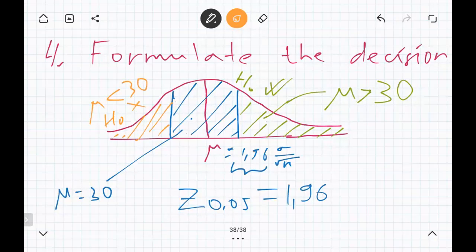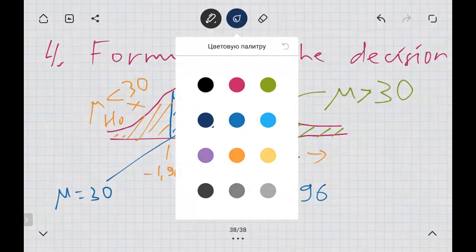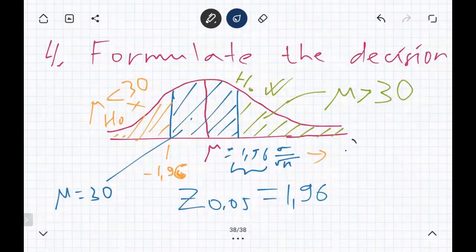For our null hypothesis to be rejected, my value of z should be less than minus 1.96, because we have a lower boundary, which is old mean value minus 1.96 times sigma over square root of n.